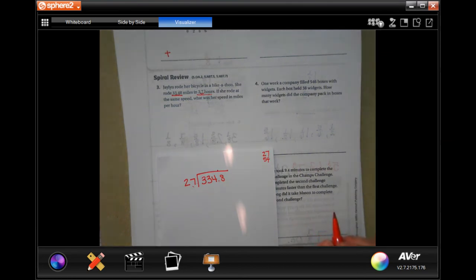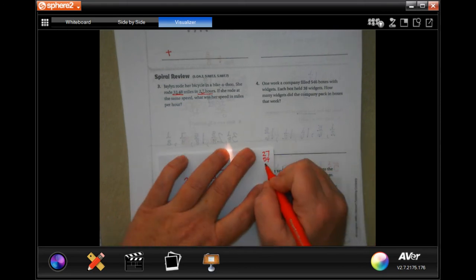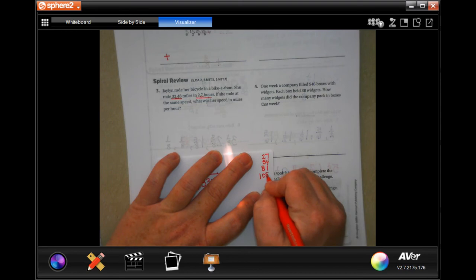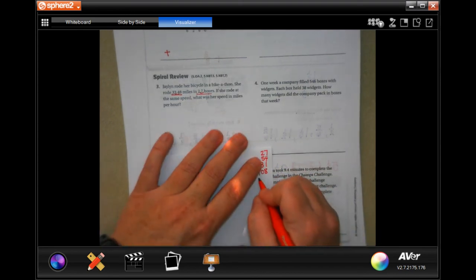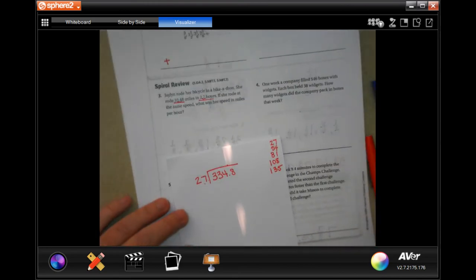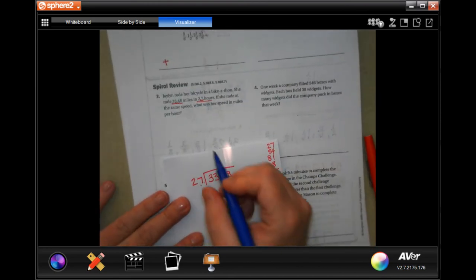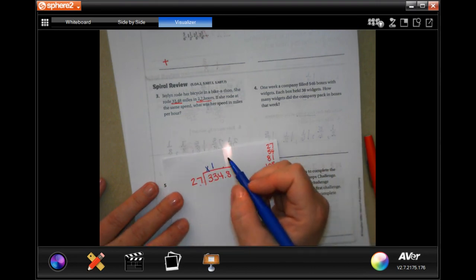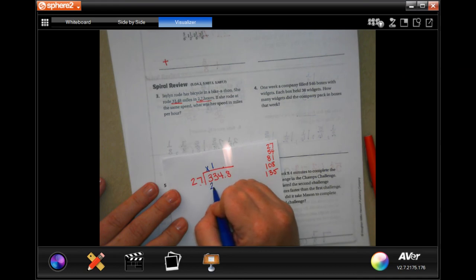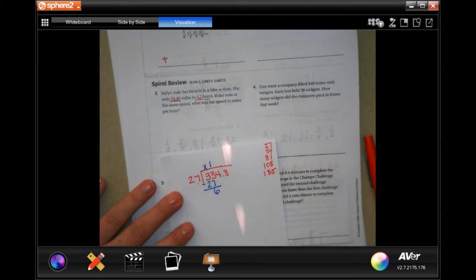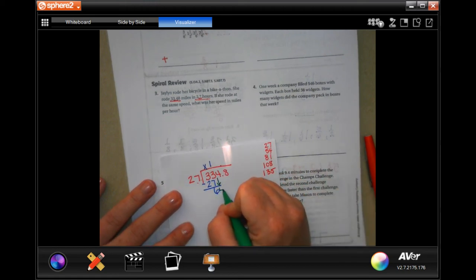I'm going to use my calculator just to find my multiples, not to do the work. Hopefully I won't have to go past that, but we'll see. The 27 is not going to go into 3. It will go into 33 one time. 1 times 27 is 27. If I subtract, I'm going to get 6. 6 is definitely smaller than 27, so I'm going to bring down my 4.